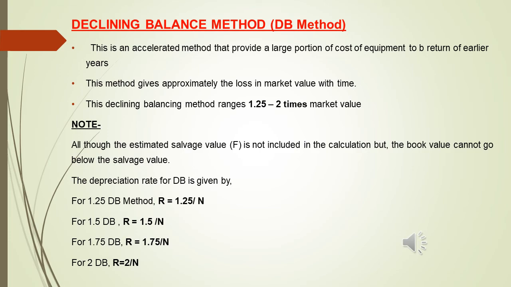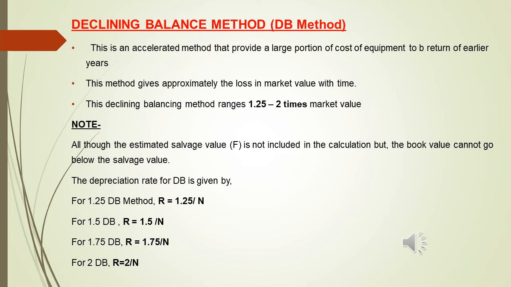It is used to provide a large portion of your instrument's cost to be written off in the early years. This method gives approximately the loss in market value with time. Also, it ranges from 1.25 to 2 times its market value.